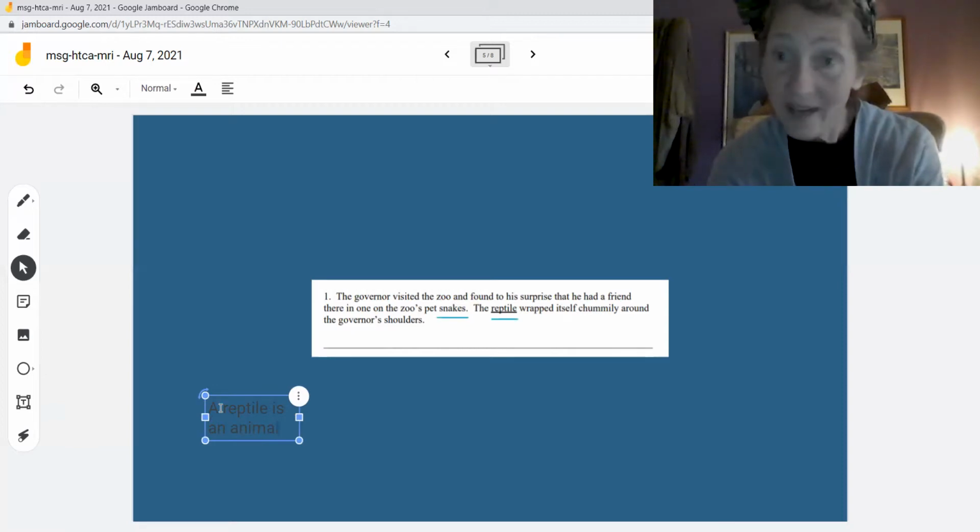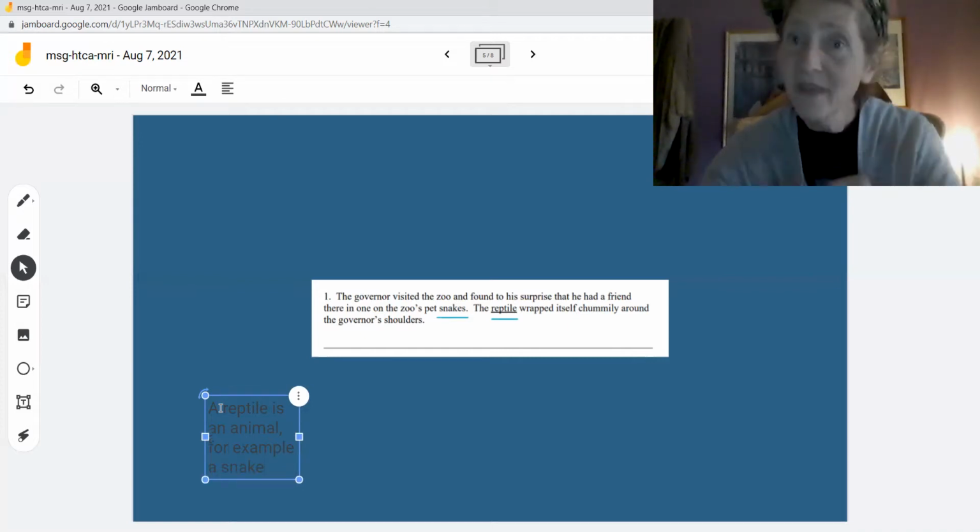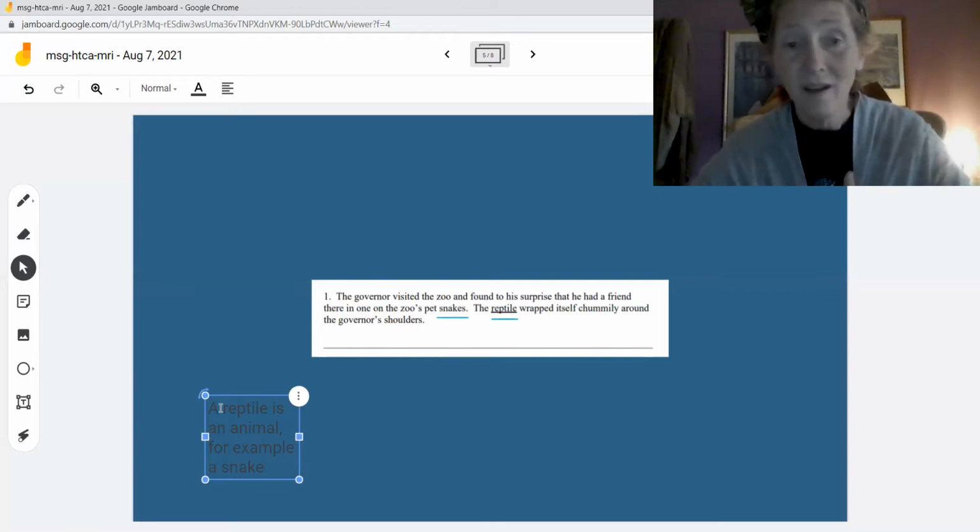Now we know that a snake is a reptile. So we could say possibly a snake. Okay, so that is a reptile. It's an animal. For example, a snake. There are other types of reptiles. You don't have to get that specific.